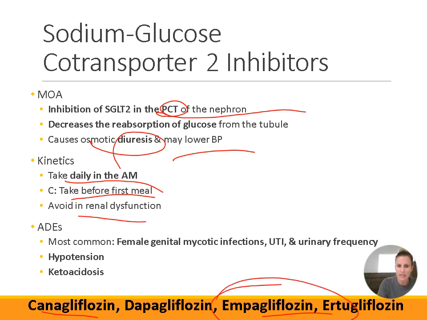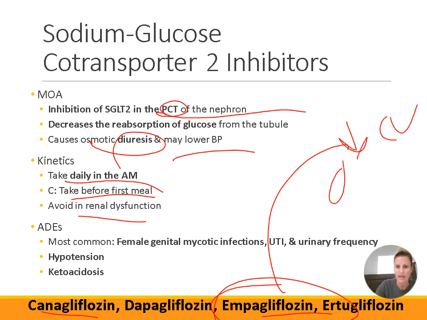Empagliflozin is also indicated to decrease the risk of cardiovascular death in patients who have diabetes mellitus and cardiovascular disease. So if you have a diabetes patient who also has cardiovascular disease, which is pretty common, empagliflozin can be indicated to improve both.